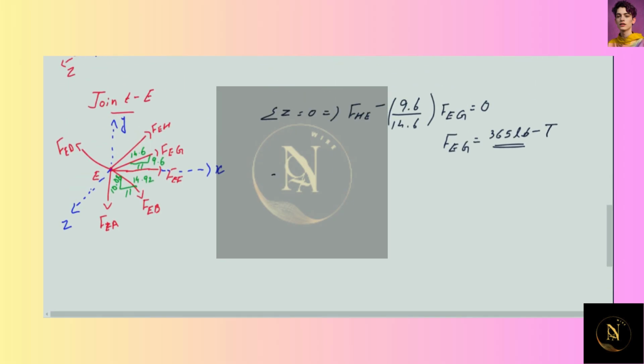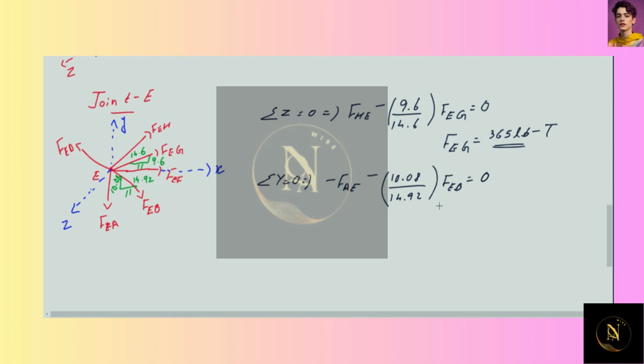Now summation along y equal to 0 gives you minus FAE, again minus 10.08 divided by 14.92 times FEB equal to 0.